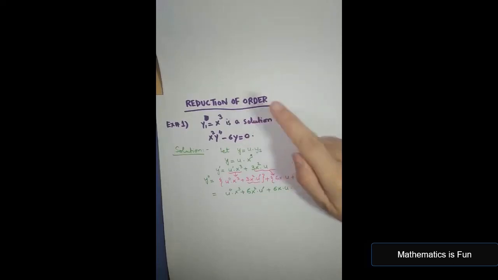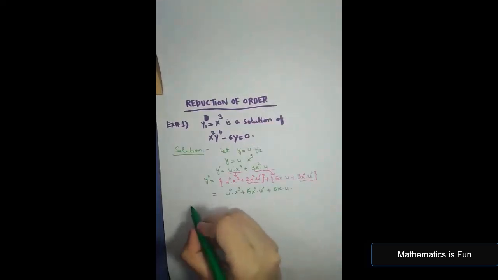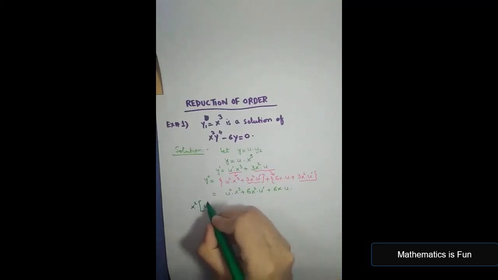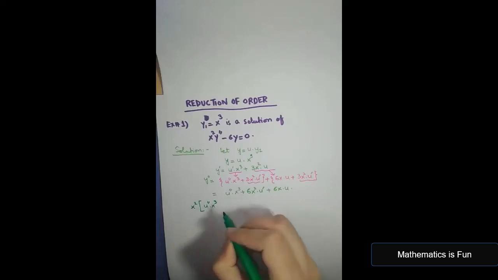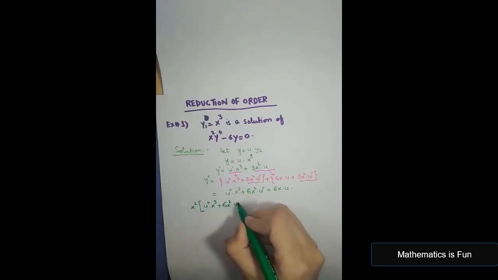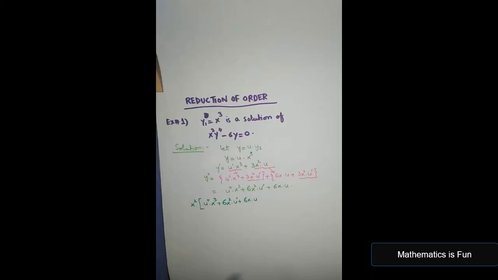So our statement becomes x squared times y double dash, which is u double dash x cubed plus 6x squared u dash plus 6x u, minus 6y, and y is u times x cubed, equals 0.